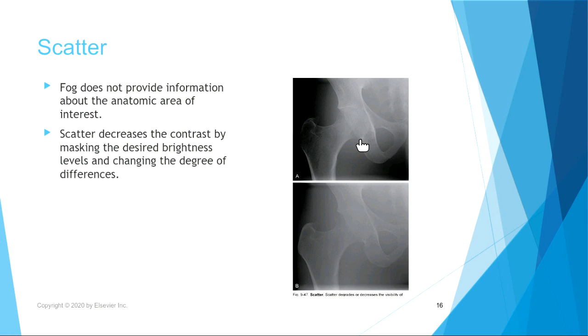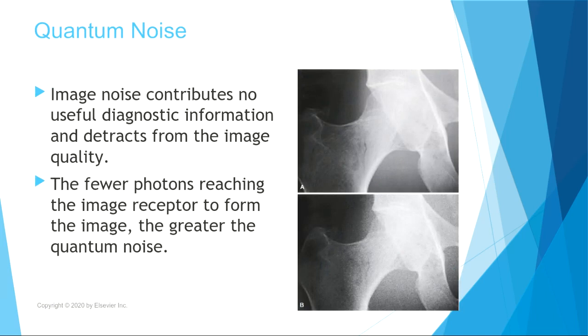You get higher contrast. It raises the contrast. So likely they did this image with a grid, which would eliminate some of that scatter from reaching the IR, and they probably took this as a phantom with no grid. Okay, so scatter decreases or lowers your contrast because it adds unwanted shades of gray to your image.